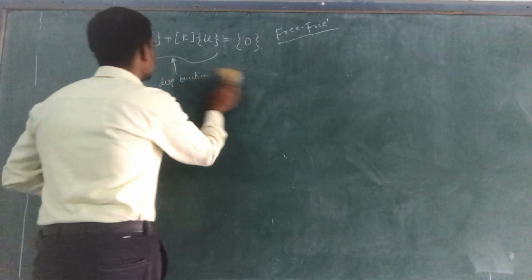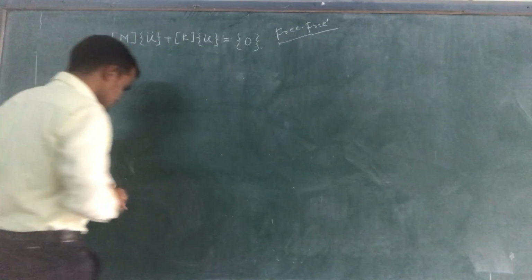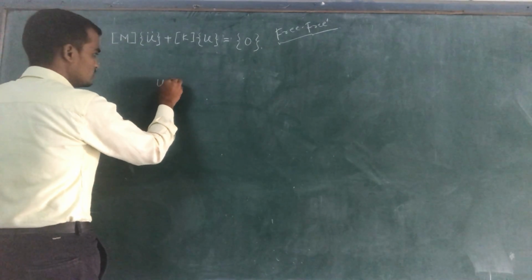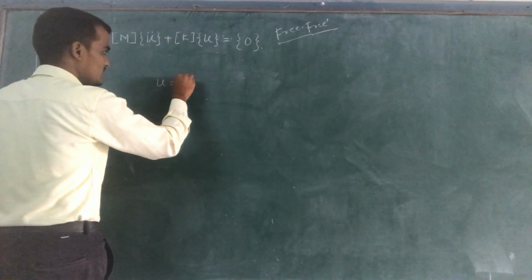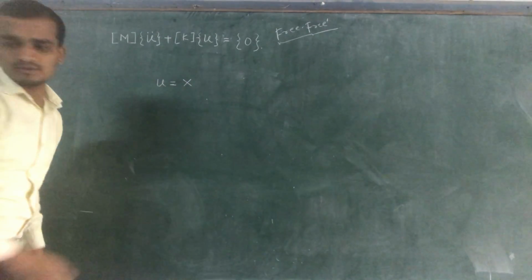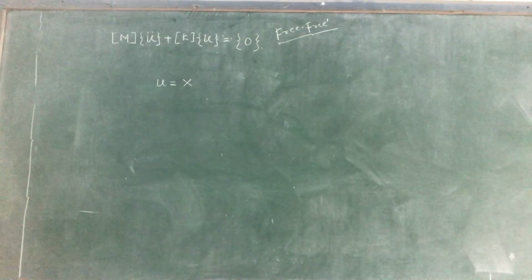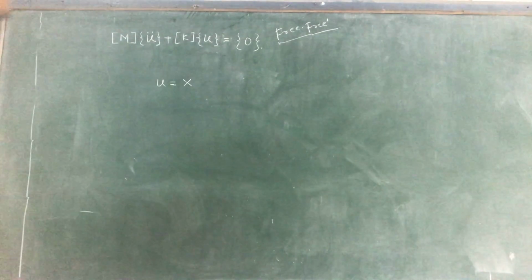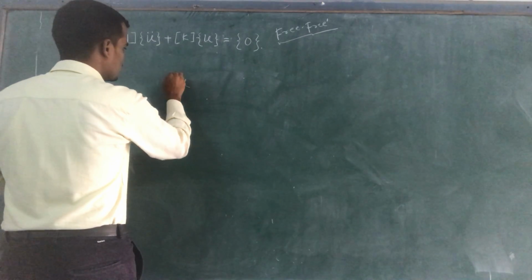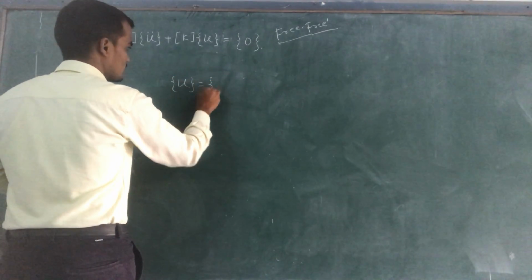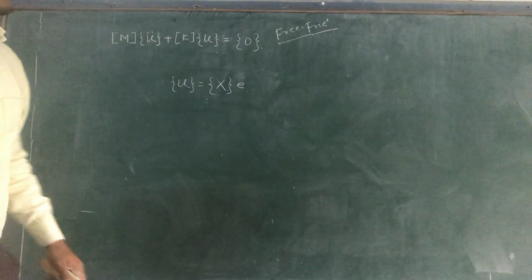So we use a displacement function like u is equal to x times e raised to power lambda t.